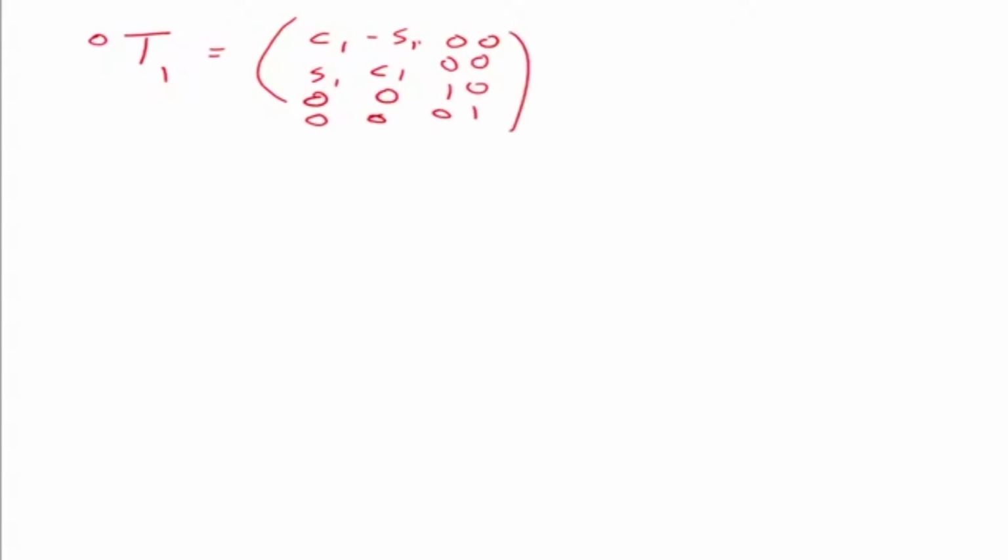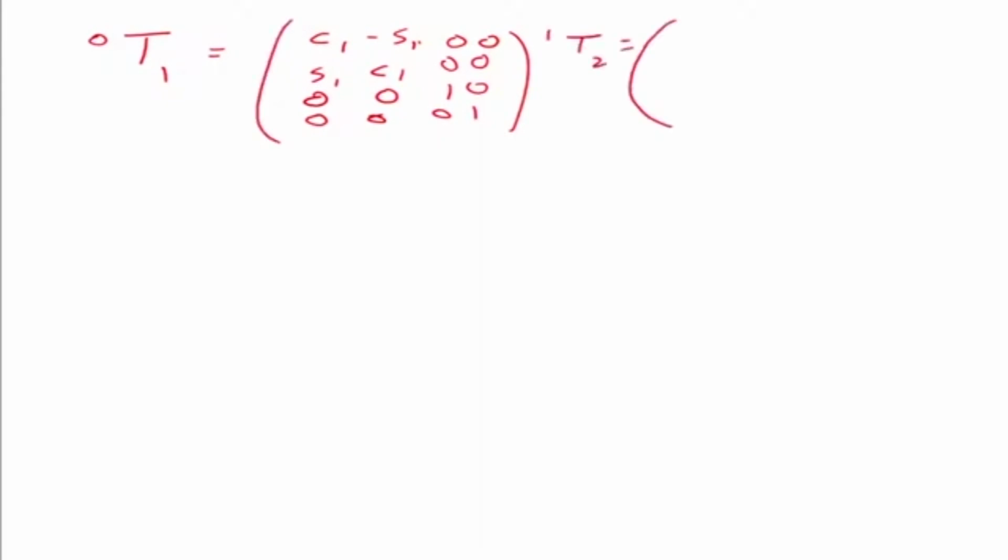Okay. So from the DH parameter table for this manipulator, we get the various transformation matrices. T0 to 1 is given by cos theta 1, minus sin theta 1, sin theta 1, cos theta 1, 0, 0, 1, with zeros elsewhere and 0 0 0 1 in the last row. It's my first matrix. What is my second matrix?